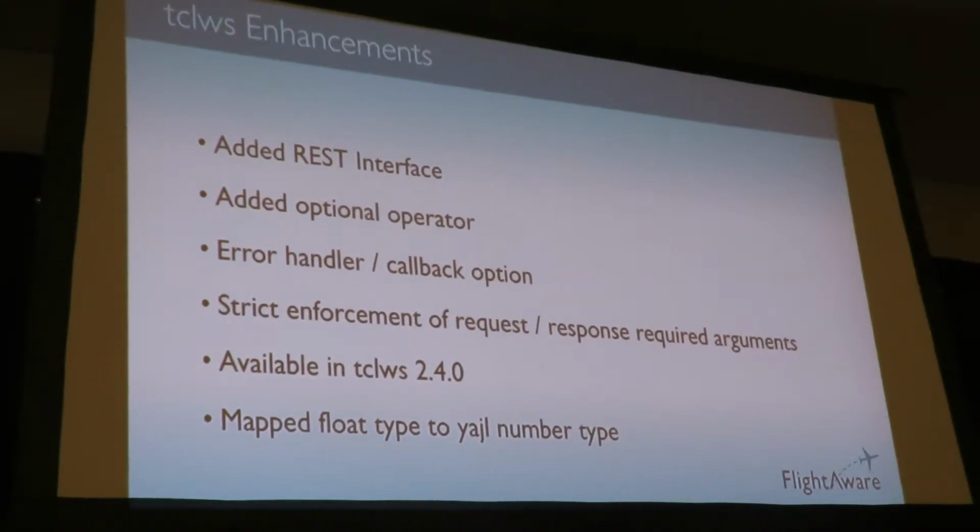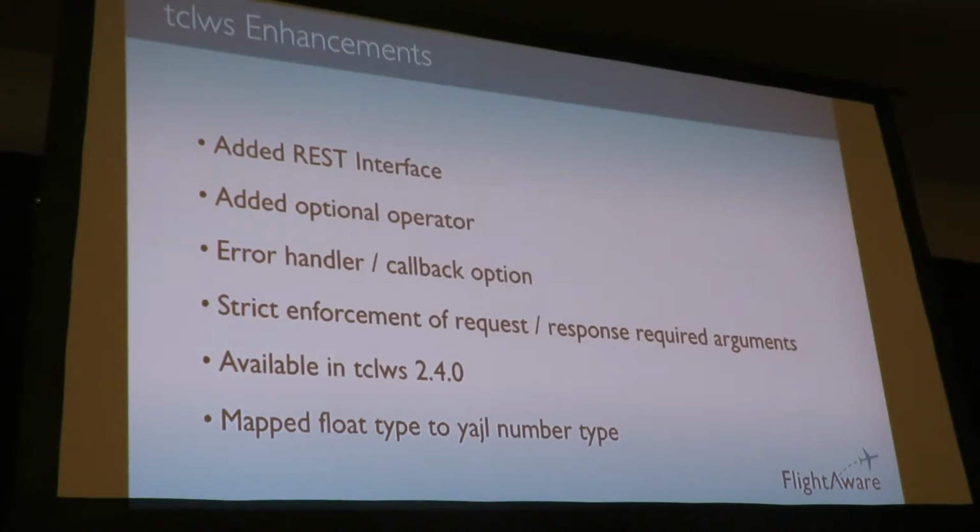One minor difference, which you wouldn't see because it was just internal: originally with the REST interface, we were using yajltcl to create all the JSON objects we were returning, and the float type was originally just mapped back to a float type in C, which is converted to a string. You don't round that back to whatever decimals you were expecting. You get whatever the underlying hardware precision was.